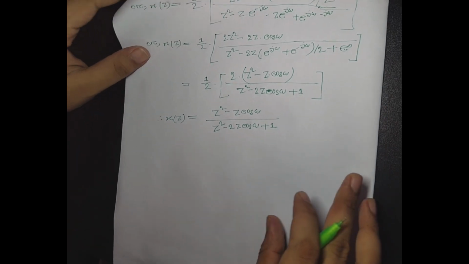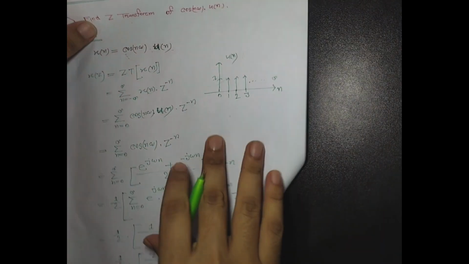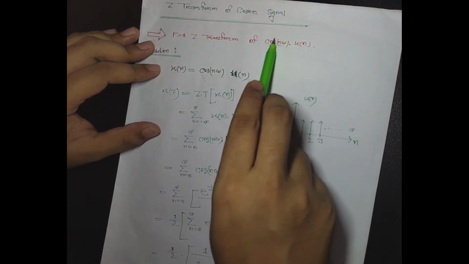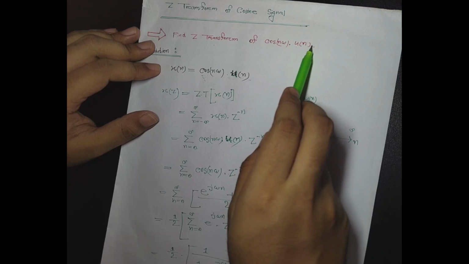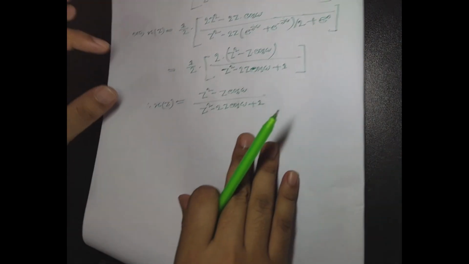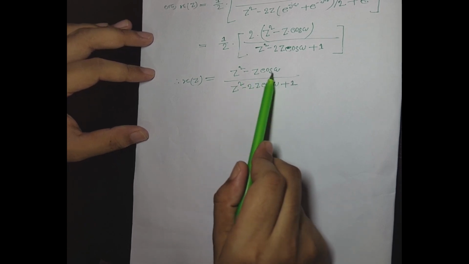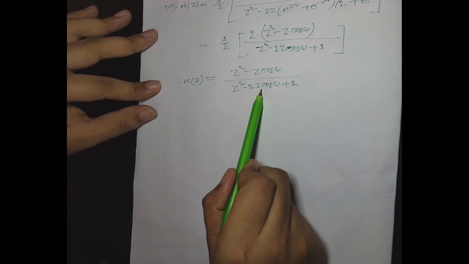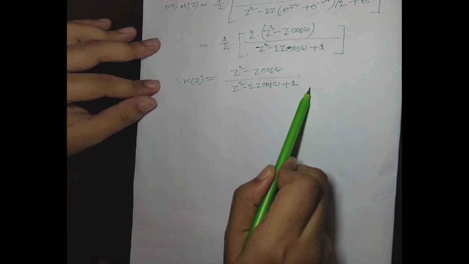That means the Z transform of cos(nω) into unit step signal is z square minus z cos ω divided by z square minus twice z cos ω plus 1.